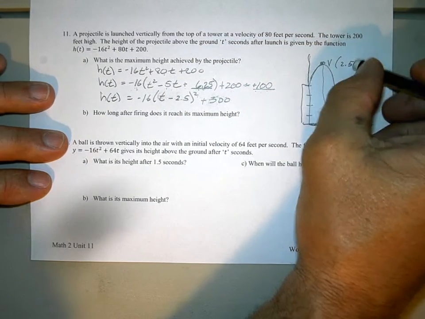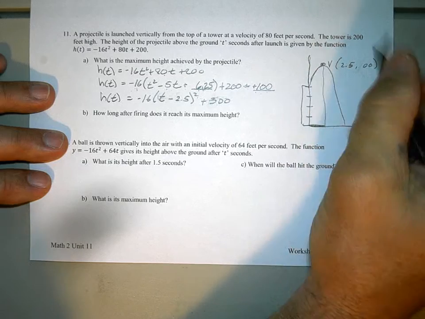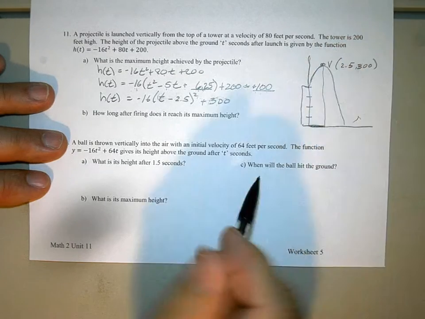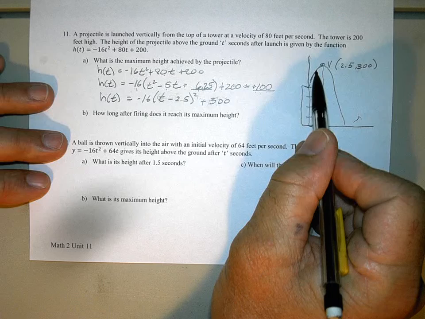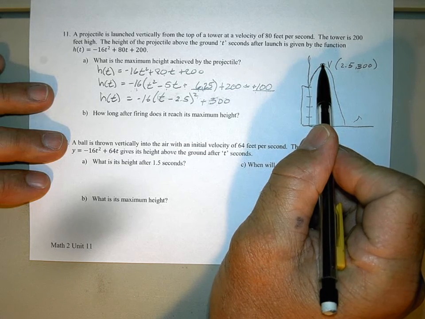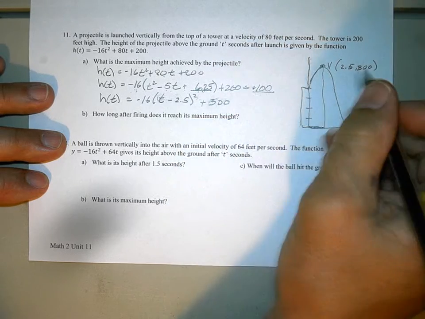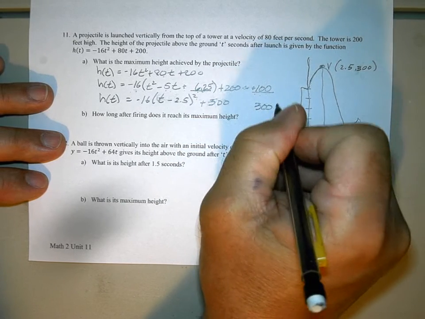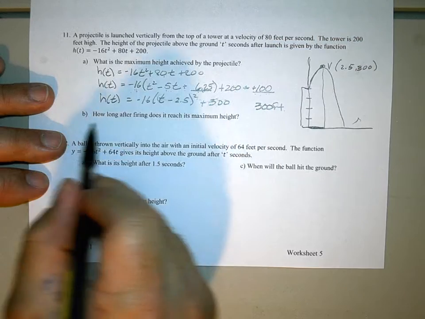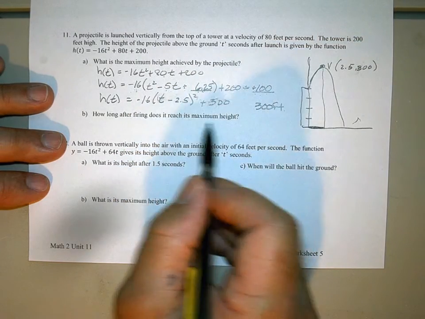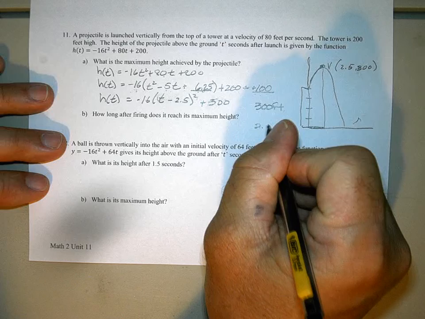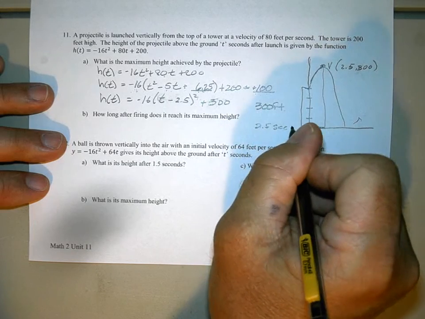So our vertex is actually 2.5, 300, because we're starting at 200. It's going to go up 100 feet in 2.5 seconds. So what is the maximum height of the projectile? Well, that is 300 feet. How long after firing does it reach its maximum height? 2.5 seconds.